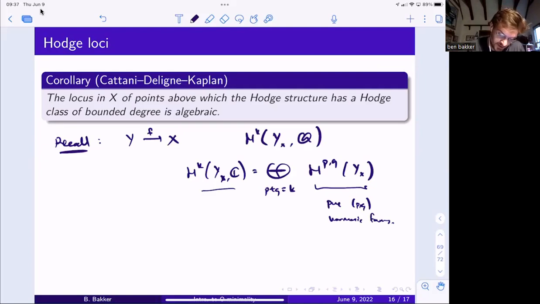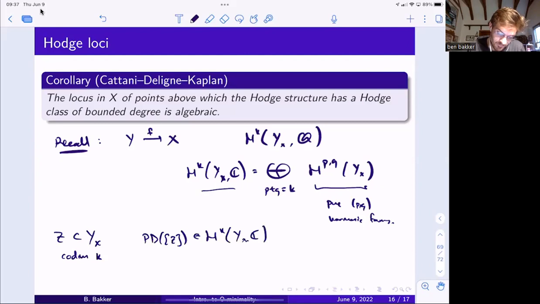So if Z is inside of Y, let's say of codimension k, then the Poincaré dual of the fundamental class of Z is an element of H^{2k}, and it's an element of pure (k,k) type. It's an element of H^{k,k}.